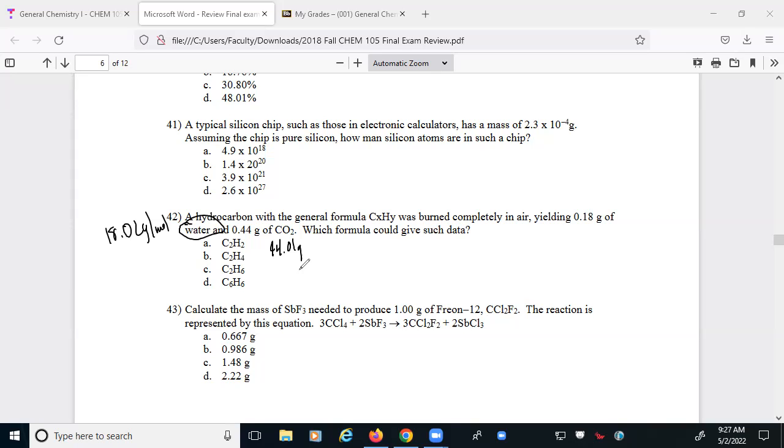Now, that being said, how do we go about solving this problem if we didn't know that information? Well, how we have to do it is this. Actually, I think I just spoke out of turn here, so I'm about to prove myself wrong. I make the same mistake you guys make when you make mistakes in stoichiometry.